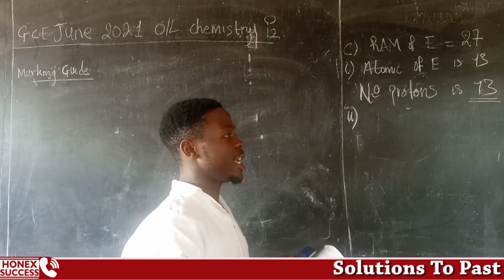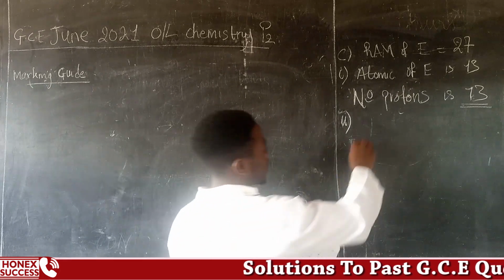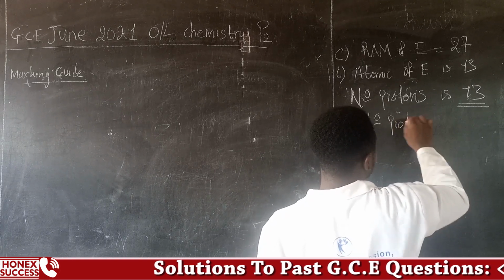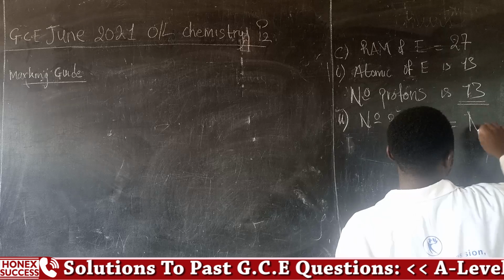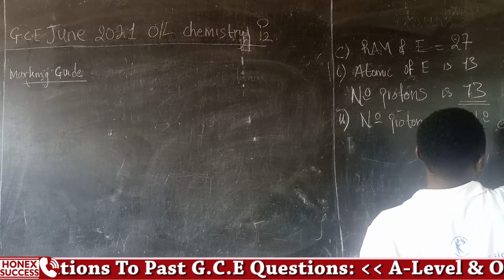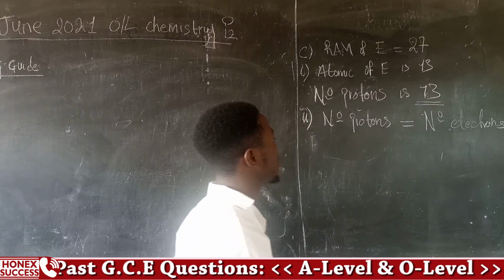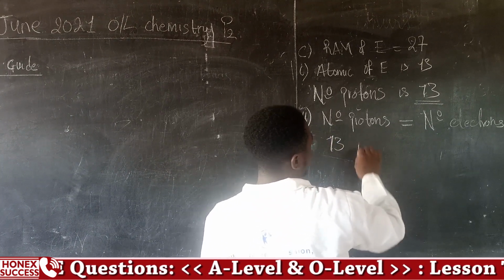So the Roman 2 says the number of electrons. So we have to get the number of electrons. Now, we should take note that in a neutral atom, the number of protons is the same as the number of electrons.